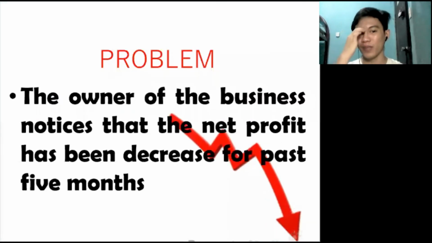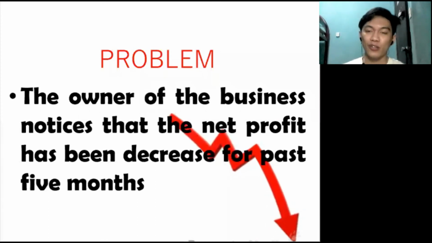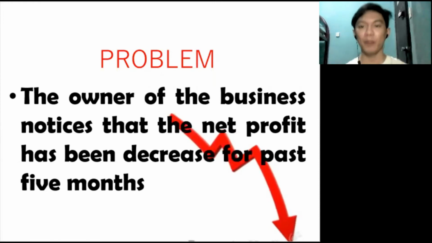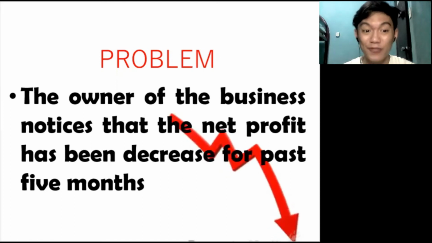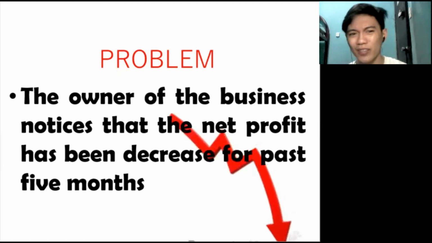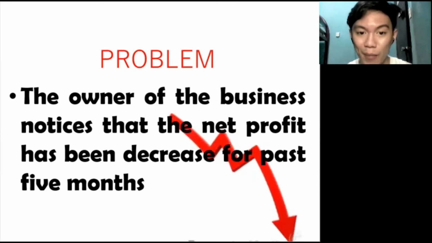So as a problem, in problem solving, always remember that you need to plan A, plan B, and plan C para ma-avoid yung mga problema na yon. Okay? So for example, in this problem, the owner of the business notices that the net profit has decreased for the past 5 months. Oh, nag-decrease daw ng 5 months yung kanilang net profit. Siyempre, hahanapin mo muna yung problema dito. Ano yung naging problema?